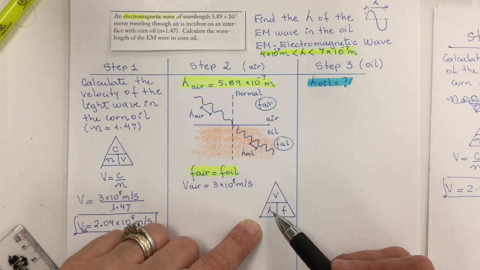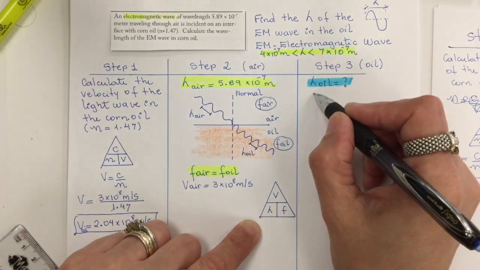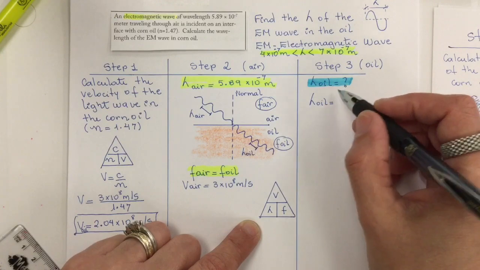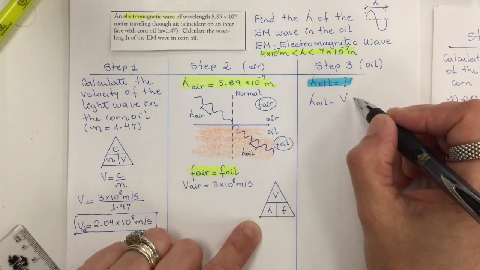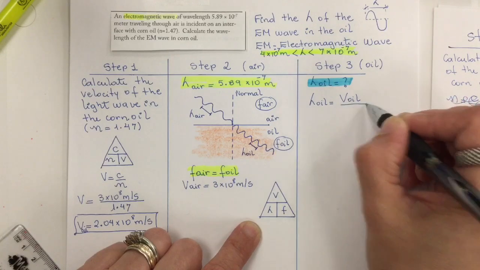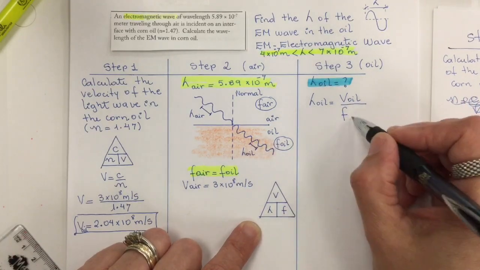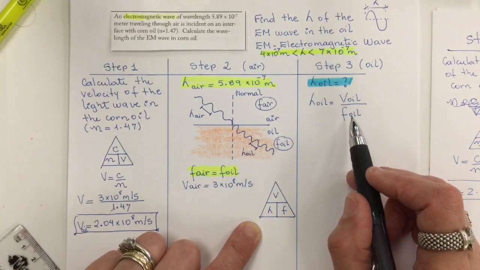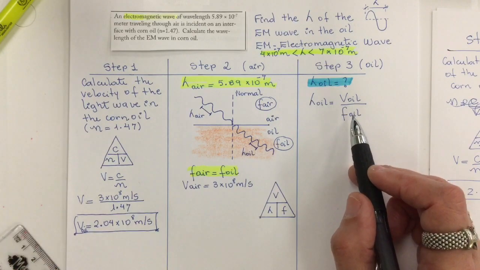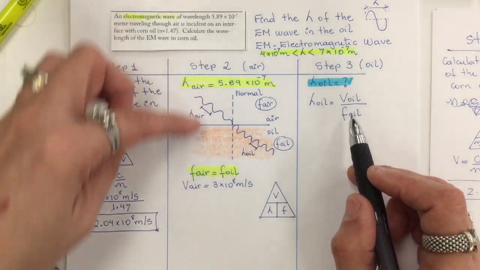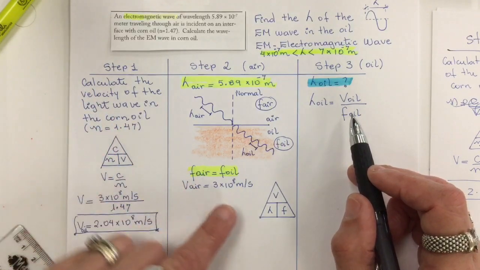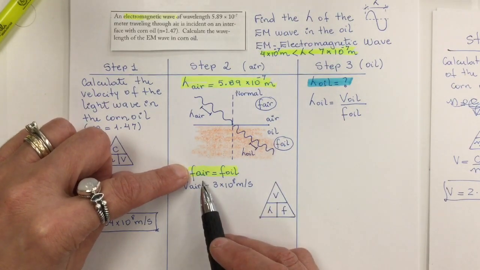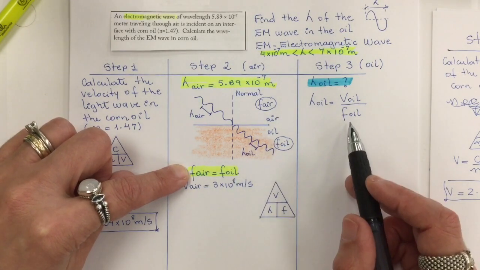So we can derive a formula for the wavelength in the oil in terms of the speed of the light in the oil over the frequency of this light in the oil. However, I don't have the frequency; I do have the speed. But I have enough information to calculate the frequency of this light wave in the air, because in the oil it is the same, and I can replace it here.